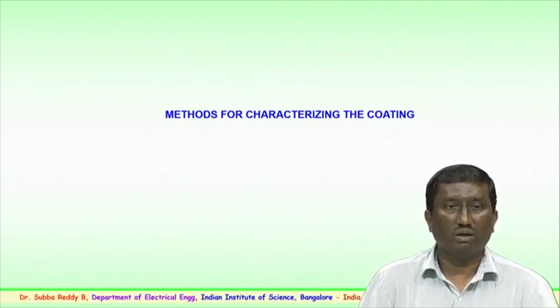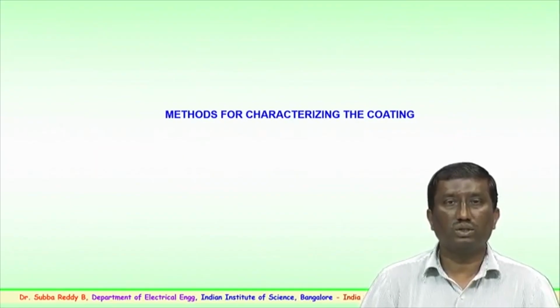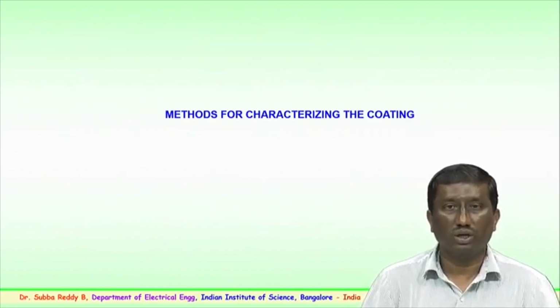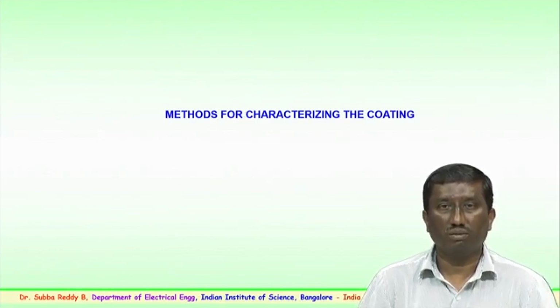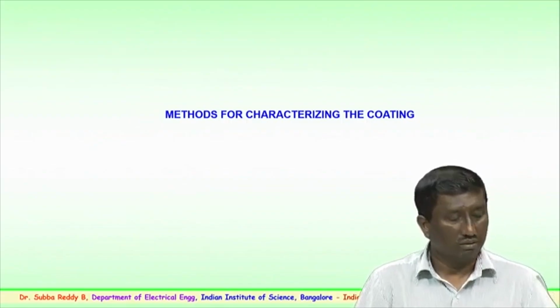Presently, for bushings, substation hollow insulators and transmission insulators, some of the coatings are being employed by utilities extensively, and some of the methods are also being developed. So, methods for how to characterize the coating are also equally important.